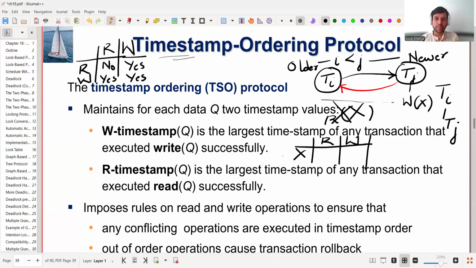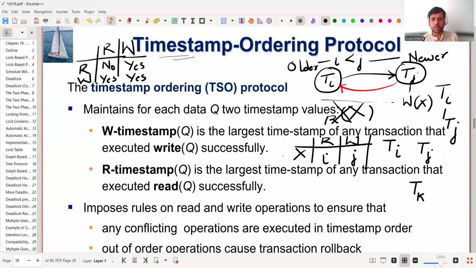Whenever a read successfully completes, we update the read timestamp to whatever is newer. For example, let's say Ti is the latest transaction that has read this data. Then we will update this as i. If Tj is the latest transaction that has written this data item x, then we'll update this as j. At a later point of time comes Tk, which is newer than Ti and Tj, and it is trying to read this data.